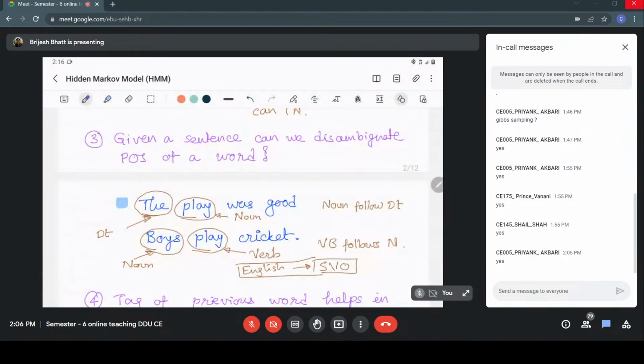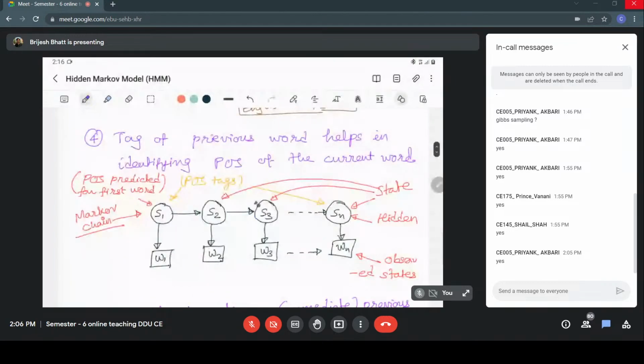If you have seen a determiner first, then you cannot predict the next word also as a determiner. There cannot be two consecutive determiners in a language. So a determiner being observed means that you have moved to a new state where you don't see any determiner. But mostly what you will see is a noun. Right? So S1, S2, S3, Sn are the states which are hidden, and each is an assigned part of speech for a word.